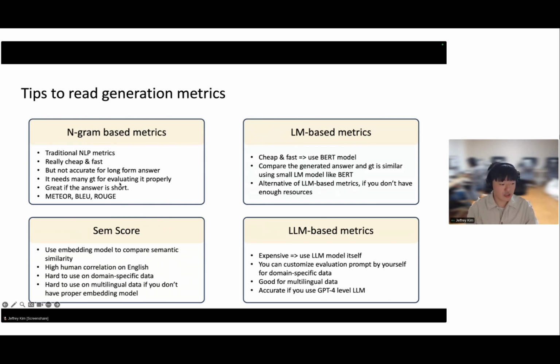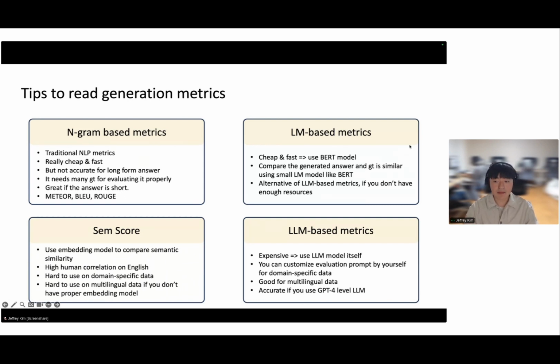So it is really cheap, but hard to use properly. Maybe if your RAG system's answers can be really short, like 1 or 3, or true or false questions, it will be quite useful when the ground truth answer is like that.